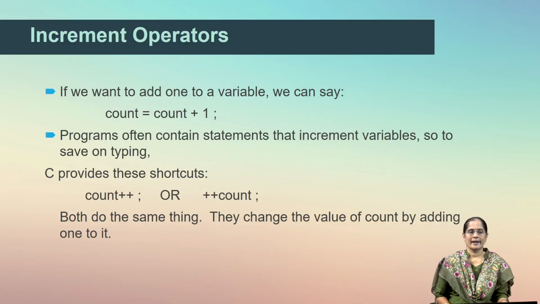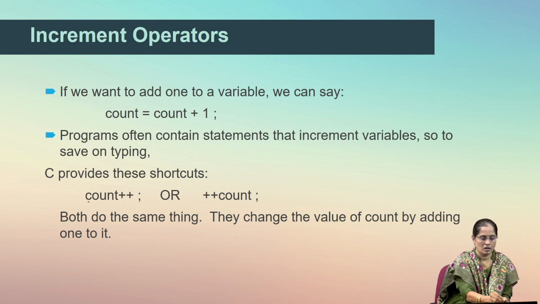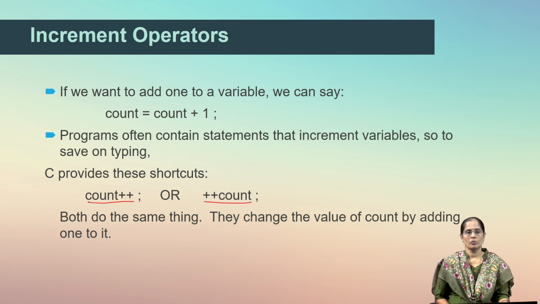So, if we want to add 1 to a variable, we can say count equal to count plus 1. Programs often contain statements that increment variables, for which we can use the shortcut of the same statement, count equal to count plus 1, as count plus plus or plus plus count. This is equivalent to adding 1 to the variable count.